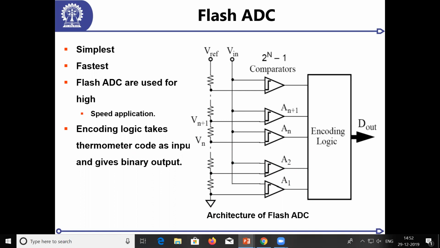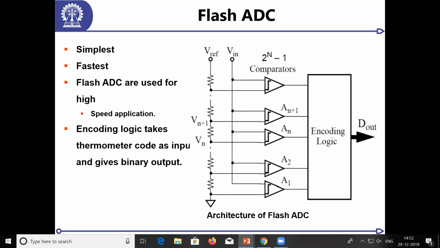What is the 3 dB bandwidth of an RC circuit? It is 1 by 2 pi RC. So if I want to build a 12-bit system, I need 4095 comparators. Each comparator has some capacitance over here. Now the capacitance has increased.